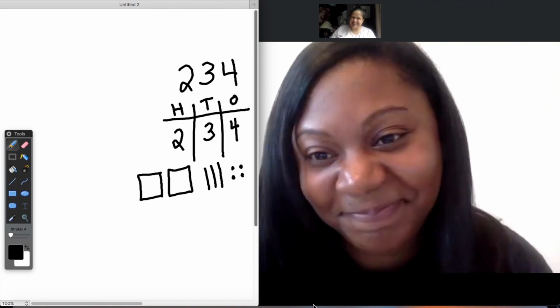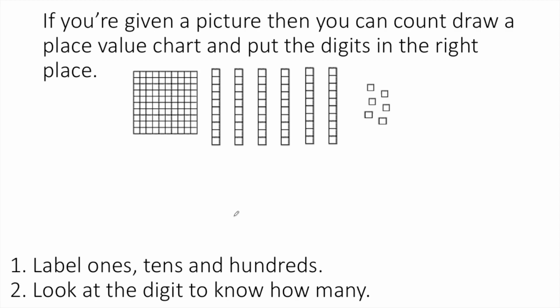You're so welcome. Now, sometimes, instead of being asked to draw the picture, you're given the picture, and you have to put the digits in their correct space. We're still going to make a place value chart just like always, and we're still going to label it ones, tens, hundreds. Then we look to the picture and we fill it in. I see 1 hundreds flat right here, so I'm going to put a 1 in the hundreds place.